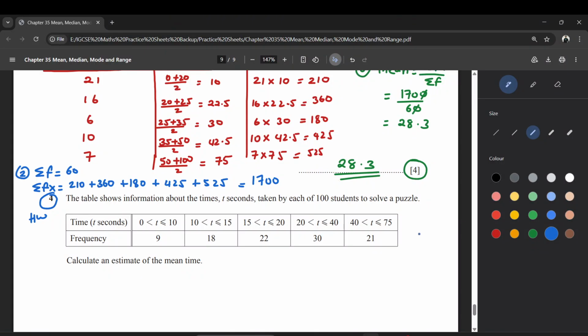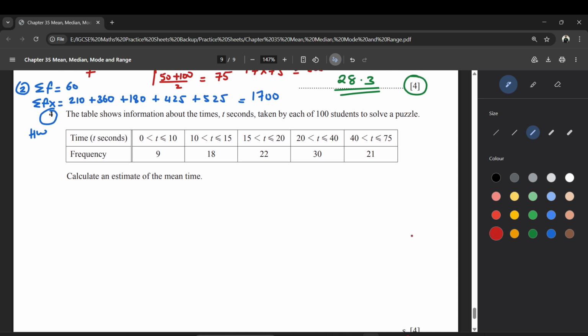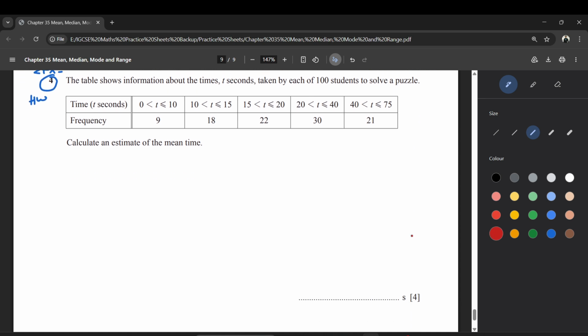All right, so I hope that now you have tried this question by yourself and hopefully you got an answer. So let's do this. The first column is going to be frequency. And here we can see that we have 100 students. The question is about the time taken by 100 students to solve a puzzle.